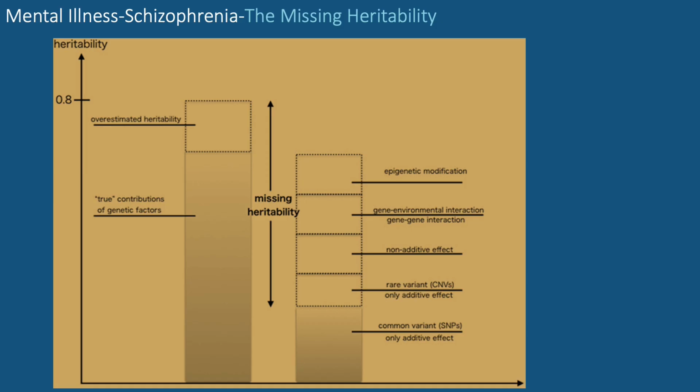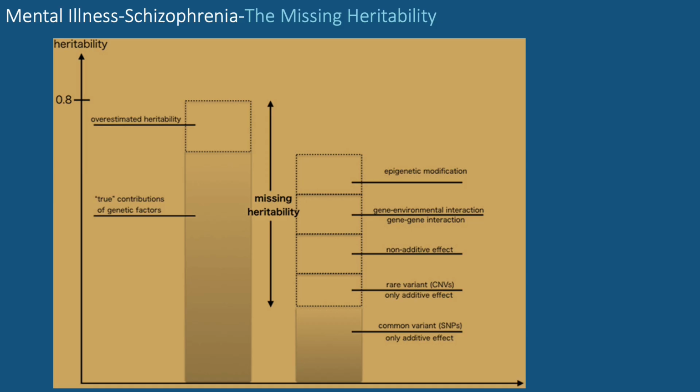So, twin studies show us that the heritability is 80%, meaning that scientists are puzzled by what is called missing heritability. The common variants in the genomes explain 23%, but twin studies and also family studies show that the heritability, the genetic contribution to the disease, to schizophrenia, is much higher.